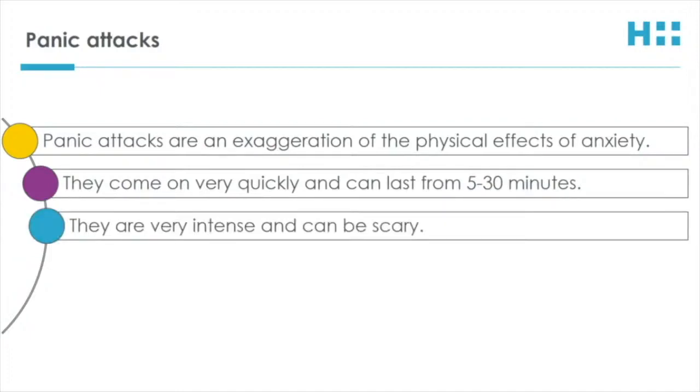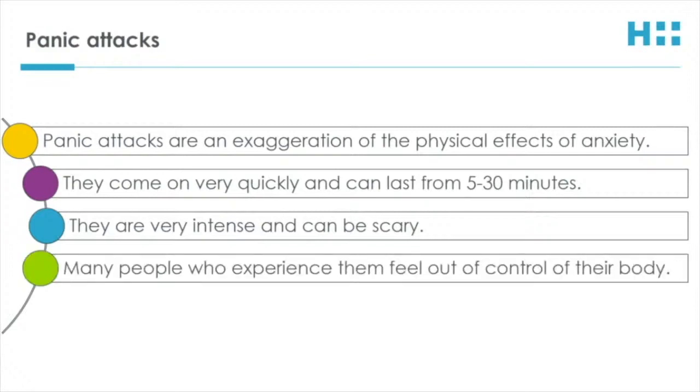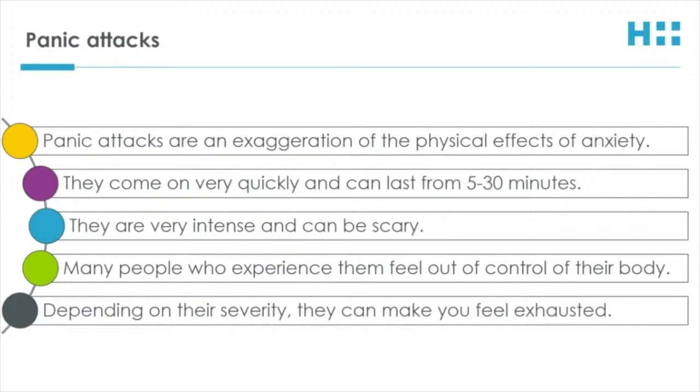They are really intense, and they can be quite scary, sometimes both for the person experiencing it and for the people witnessing it. Many people who experience them can feel completely out of control of their body, and depending on how strong it is or how long it lasts, it can make you feel quite exhausted afterwards.